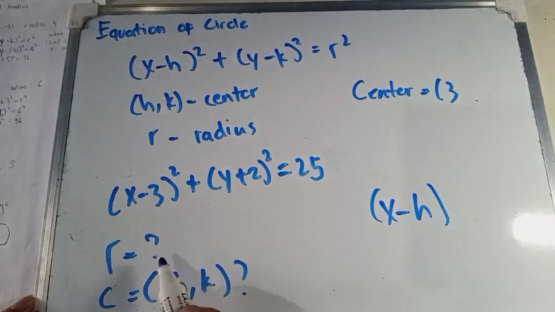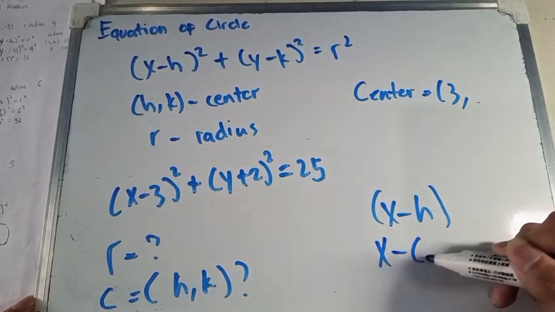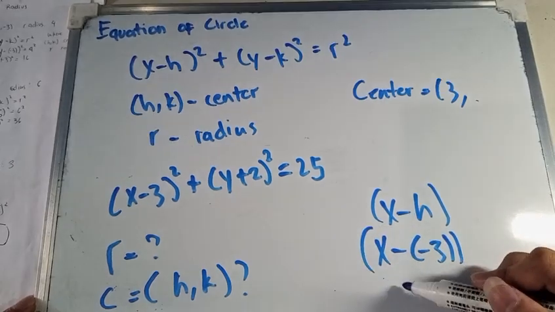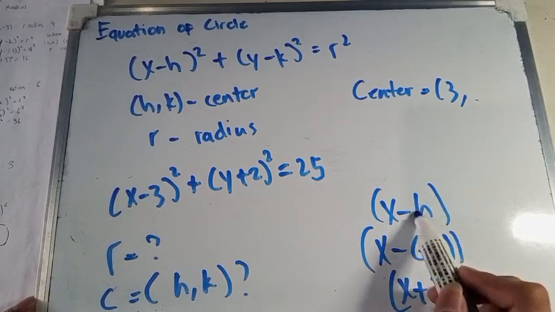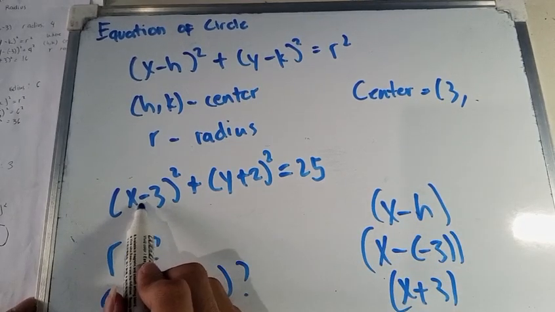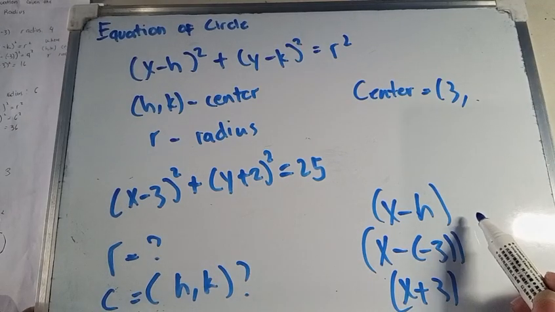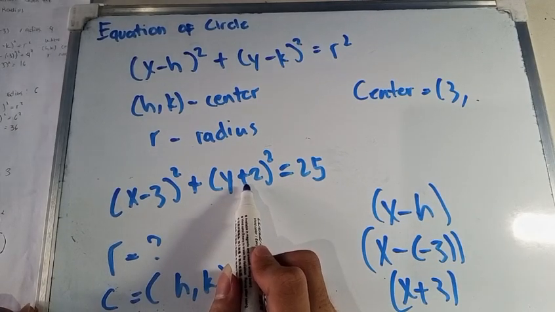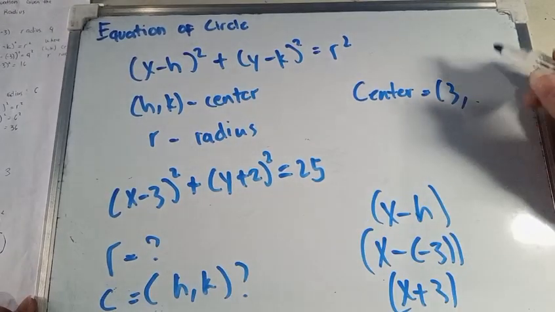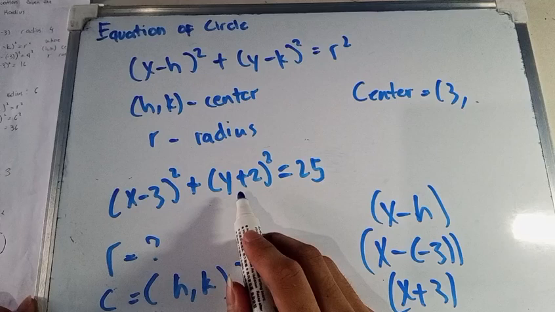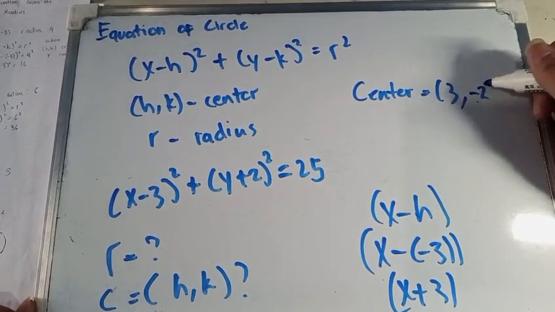If our h here is negative 3, then it will become x plus 3, which is not equal to this. So it must be positive. h must be positive if the operation is negative. Vice versa, h must be negative if the operation is positive. Since we have y plus 2 here, that means that the y or k coordinate of this circle is negative 2.